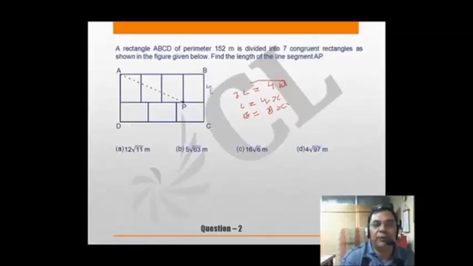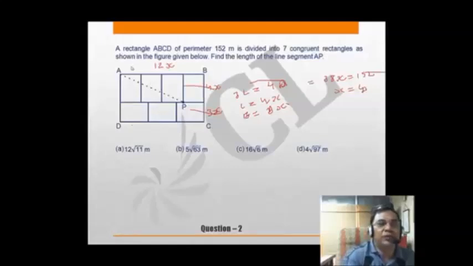This is 4x, this will be 3x, and this is 12x. So that makes it 38x equal to 152. So x is equal to 4. Therefore this is 48.